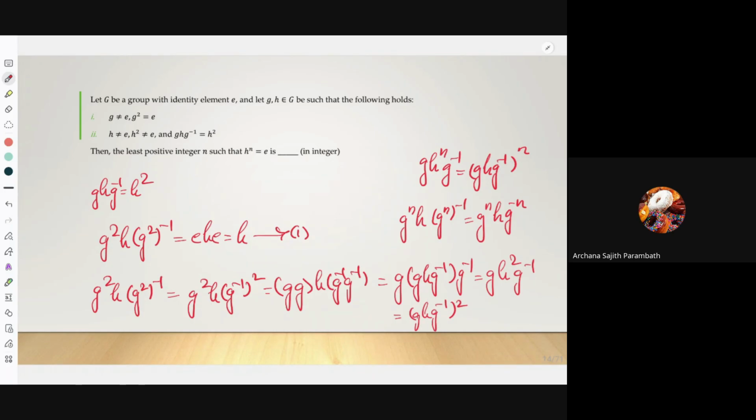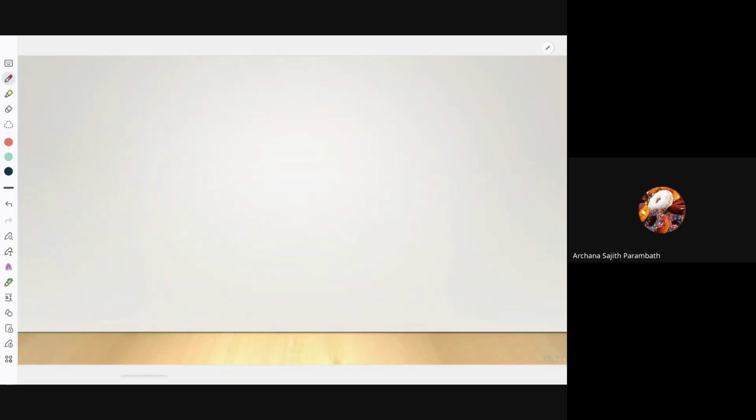The first property I have written. So now again g h g inverse is h square. So this is basically h power 4. So one equation we had was g square h g square inverse is h, and g square h g square inverse is h to the 4.